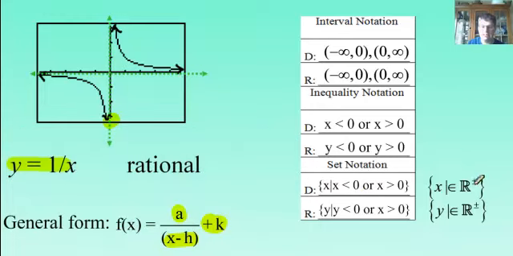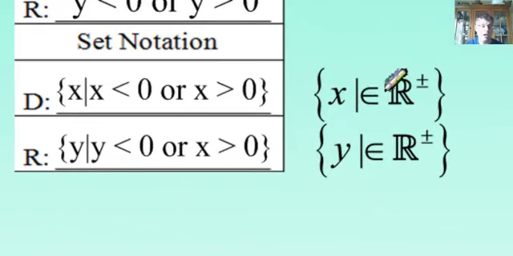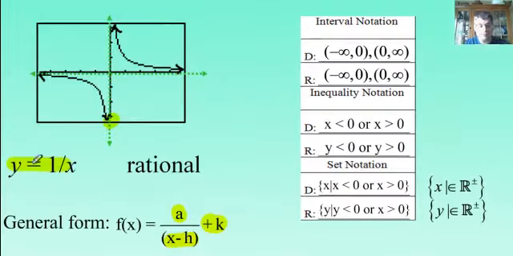But you could also do it this way. You could say that x is such that it is a set of all real numbers positive and negative, meaning all real numbers that are positive and negative. So what's excluded here? 0, because 0 is neither positive nor negative. Okay.